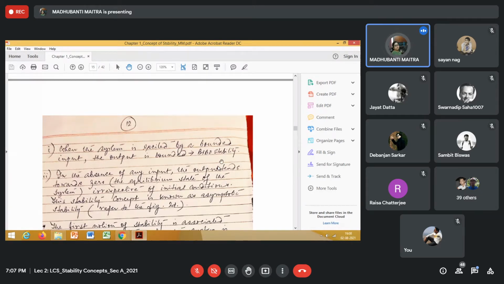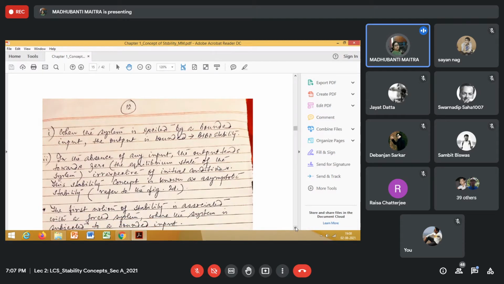This notion of stability is known as BIBO stability, bounded input, bounded output. And the second notion is associated with a free system. That means there is no input, and the system is exhibiting its dynamic behavior because of its initial conditions.